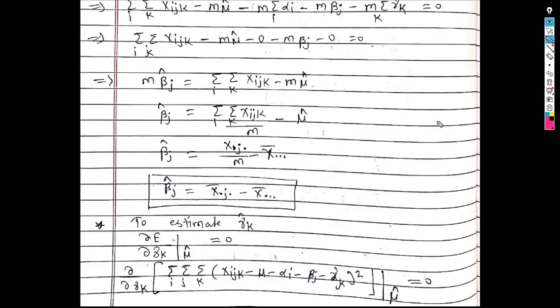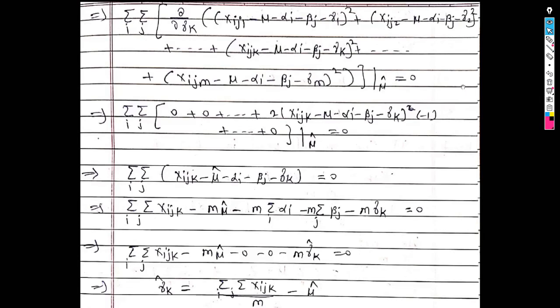Now, in the next step, we take the summation over i and summation over j outside the derivative sign, then in the bracket we get ∂/∂γk. Now simplify the summation over k, so we get [xij1 minus mu minus alpha i minus beta j minus gamma 1] square plus [xij2 minus mu minus alpha i minus beta j minus gamma 2] square plus up to.